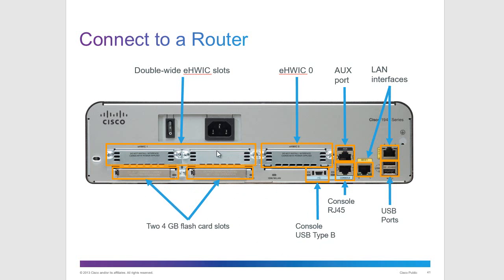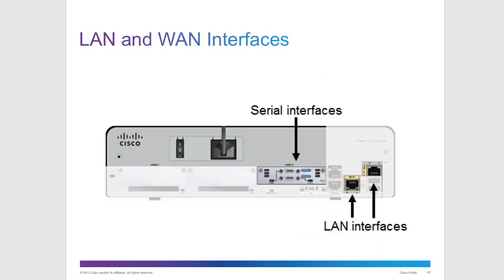So those are the only extra items that we haven't seen on here. We've seen the USB ports, we've seen the console ports and all that good stuff. So nothing else really new there. Okay, so if you were to insert a WIC card, you could add your serial interfaces like that. That's one example of a WIC slot that could be added.